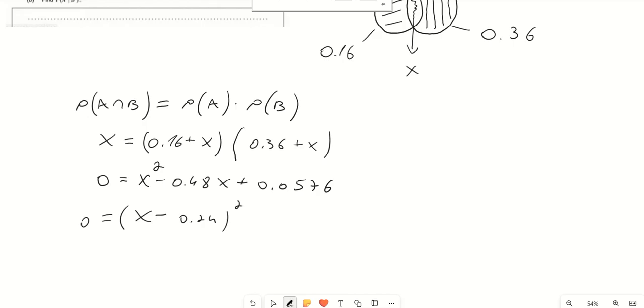So I just noticed here this 576 that it has a square root of 24, and therefore x equals 0.24. So this is the answer for A.